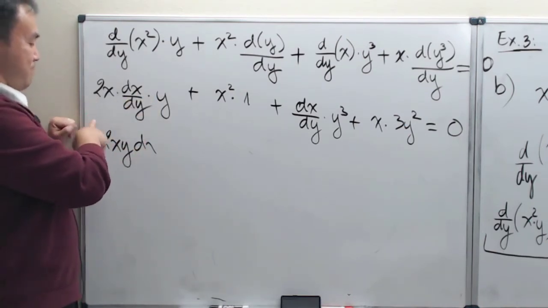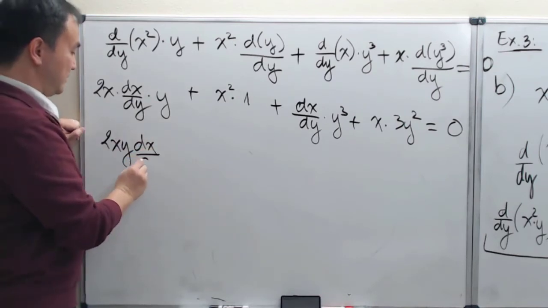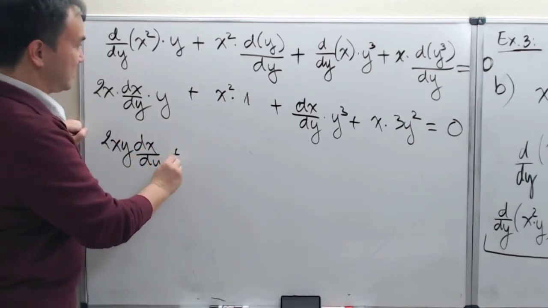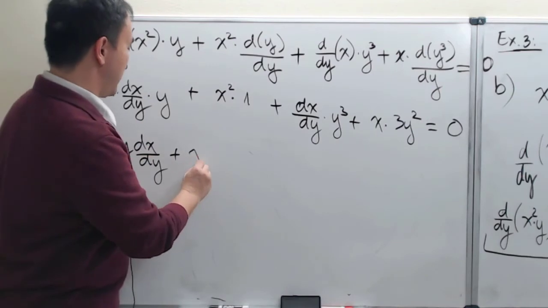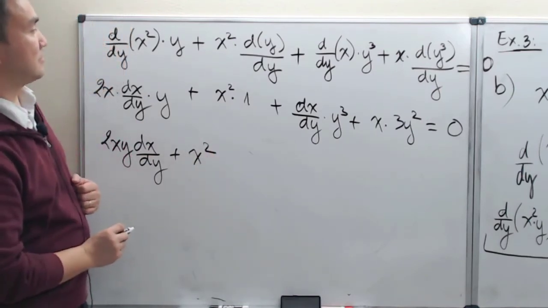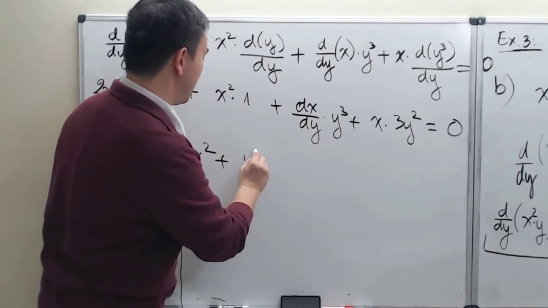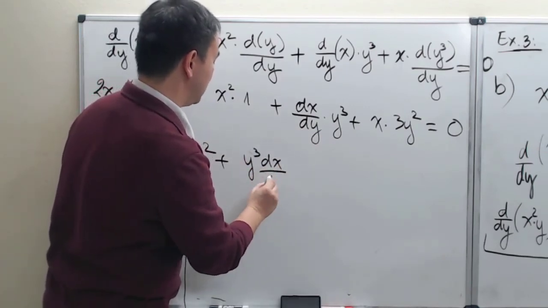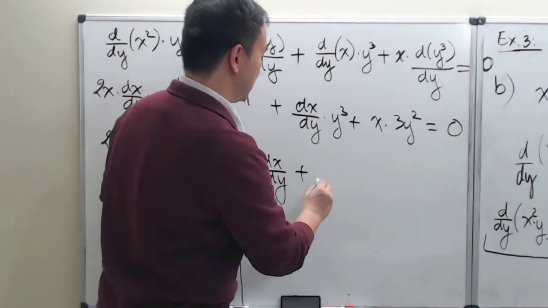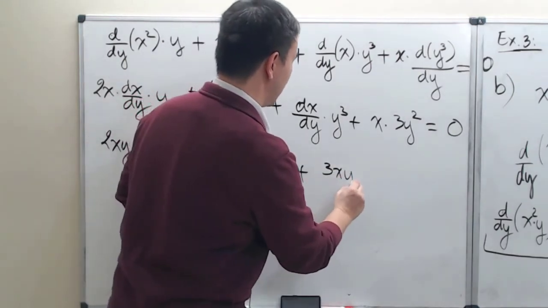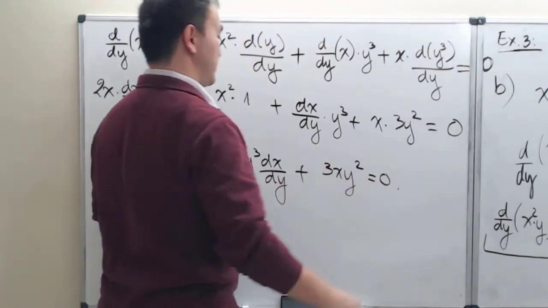Okay, so this is 2xy dx dy plus, and here it's just simply x squared. Okay, plus, and that term right there is y cubed dx dy plus, now I'm looking at 3xy squared equals 0.